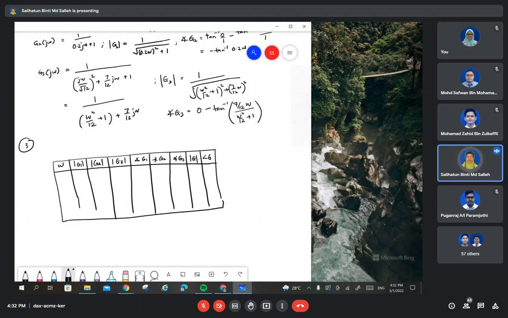What will be the omega value here? How do we know that the omega is suitable for our Nyquist plot? Omega actually is our main frequency.